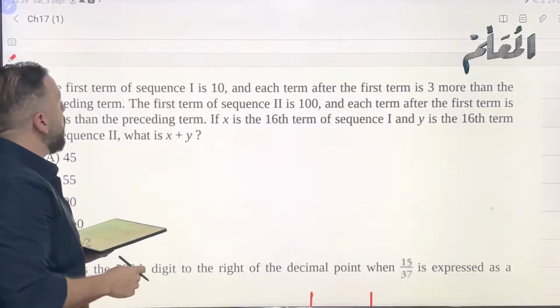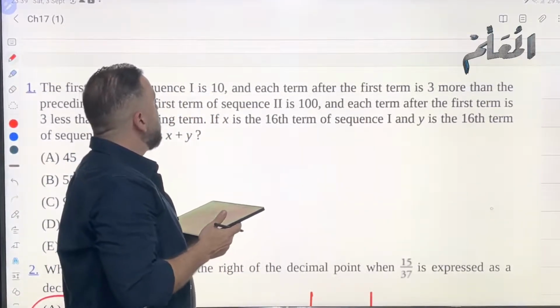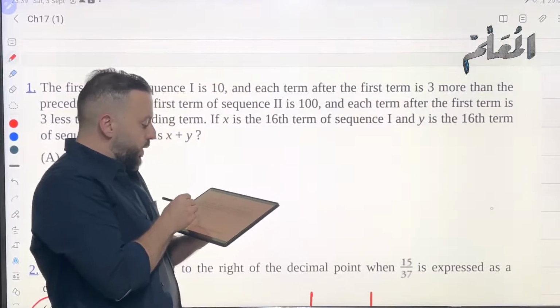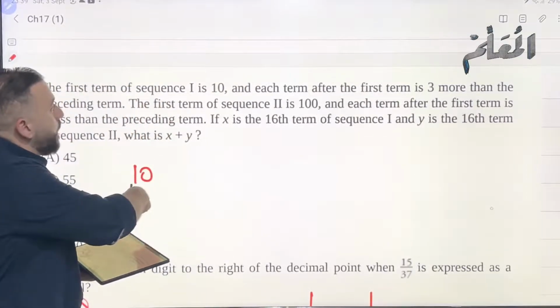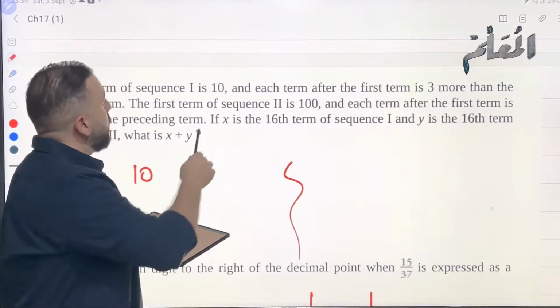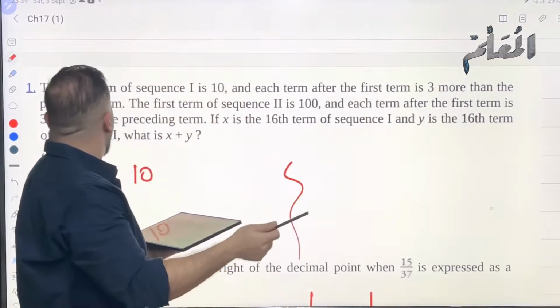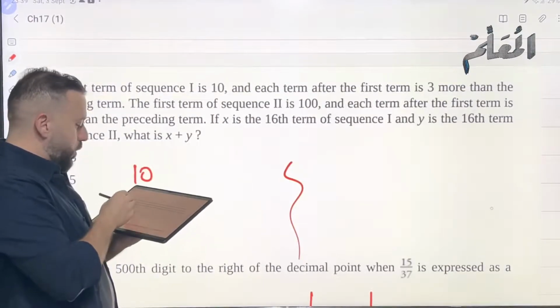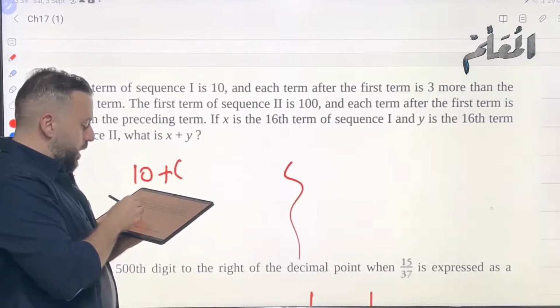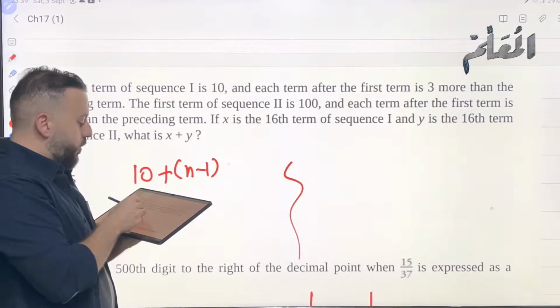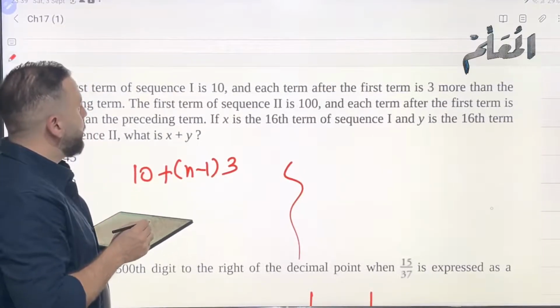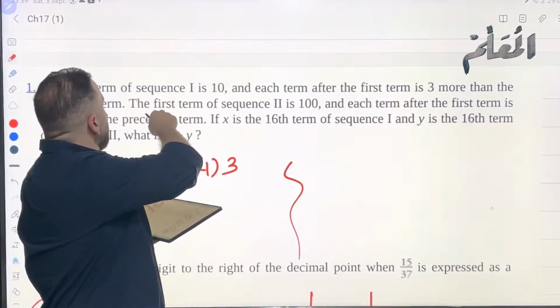The first term of sequence 1 is 10. So sequence 1 starts with 10, as you can see, and each term after the first term is 3 more than the preceding term. So a plus n minus 1 times the difference, which is 3. Why 3?